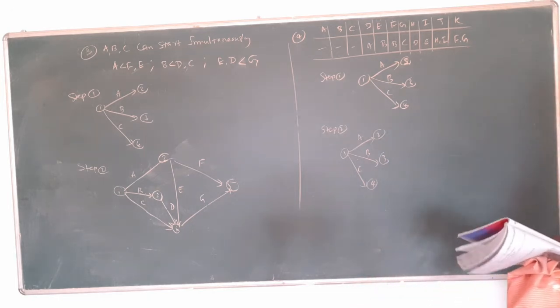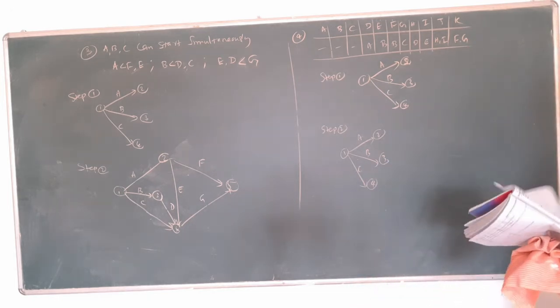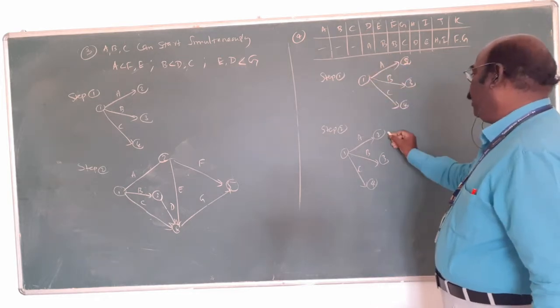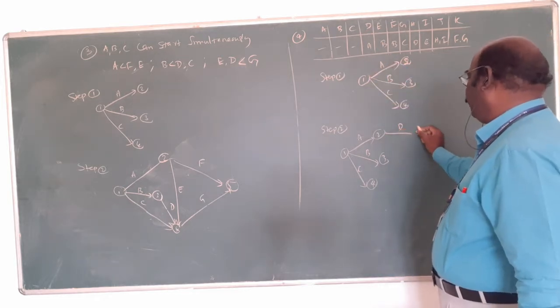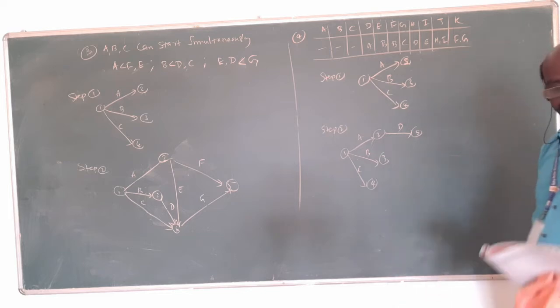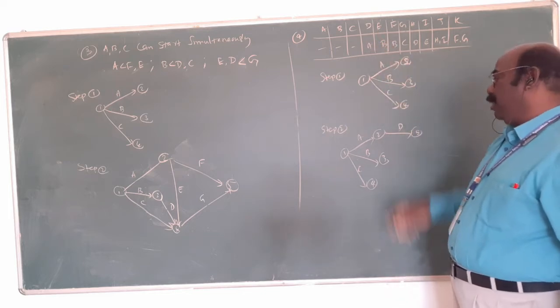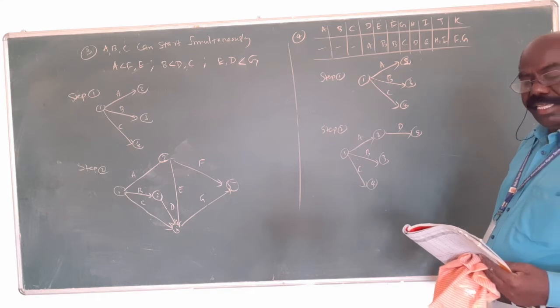The before D is A, okay? Before D, only A. D, okay. After 4, 5. Next one. The before E is what? B. Where is E? Here only.